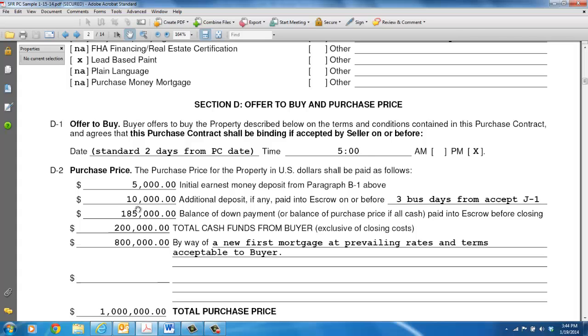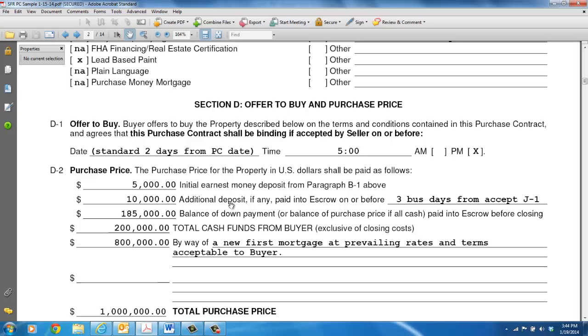This is a standard. We put in $10,000, but you can obviously put in much more than this. And then the balance would be done at closing. But going back up here to the additional deposit, a typical time is when the seller's going to wonder, when am I going to get that additional deposit?